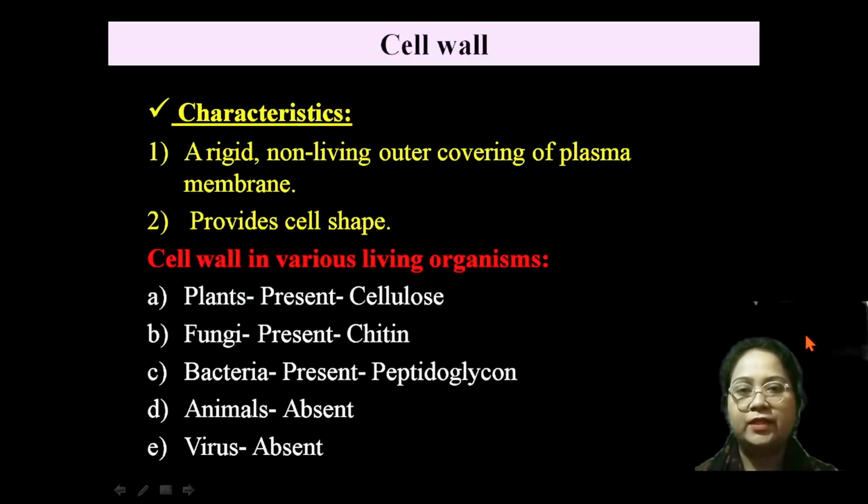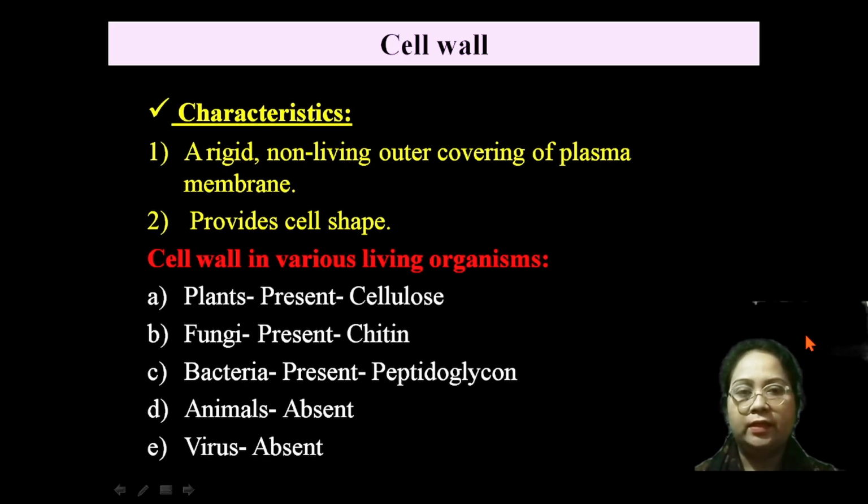Cell wall, as we already studied in our previous video, is a rigid, non-living outer covering of the plasma membrane, and it also provides shape to a cell. Before we already studied that the cell wall is present in plant cells.